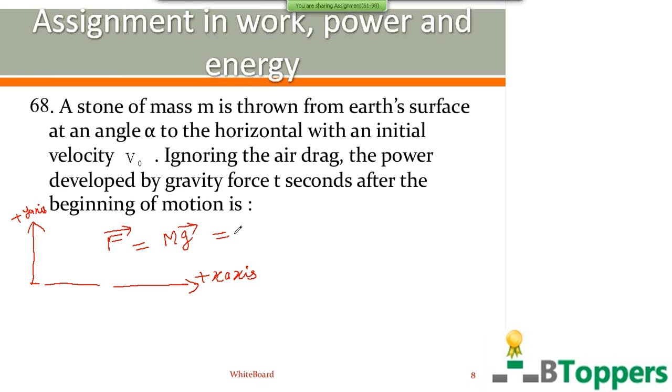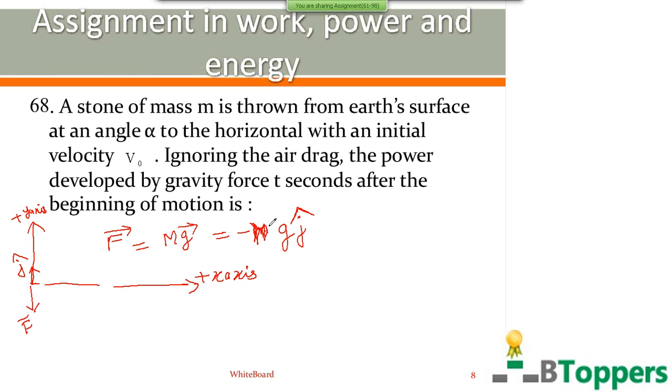The gravitational force acts vertically downwards, in the negative direction of the y-axis. So j cap is the unit vector along the positive direction of the y-axis, and minus j cap is the unit vector in the negative direction of the y-axis.